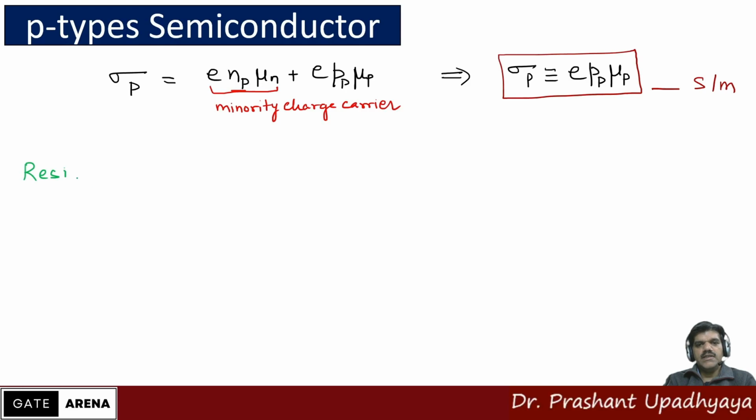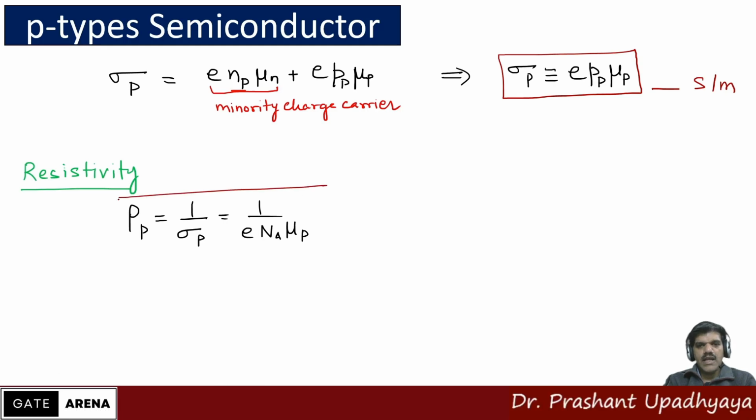And now we will be talking about the resistivity. The resistivity is defined as the reciprocal of the conductivity. So we can write rho_p equal to 1 by sigma_p, and this is equal to 1 by e N_A mu_p, because we know that N_A, the acceptor ion concentration, is equal to p_P. Its unit is ohm meter.